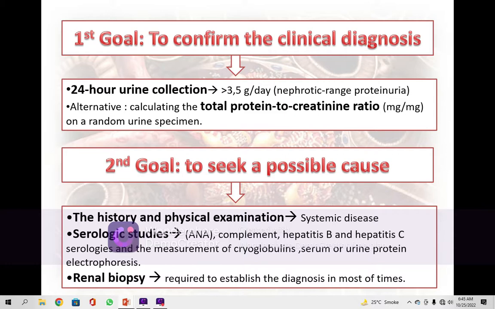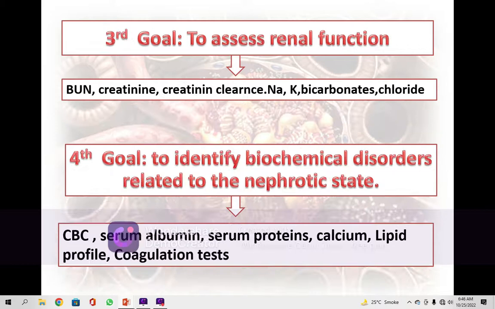Serum or urine protein electrophoresis for multiple myeloma and other conditions related to it. Renal biopsy is the gold standard method to seek the possible cause.